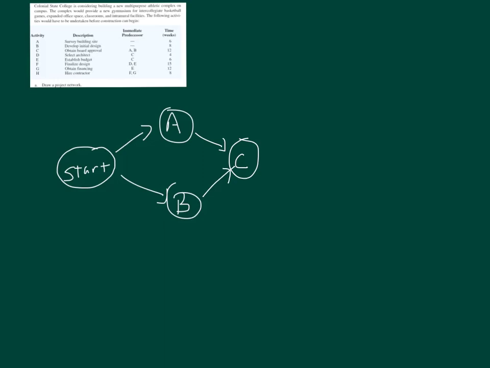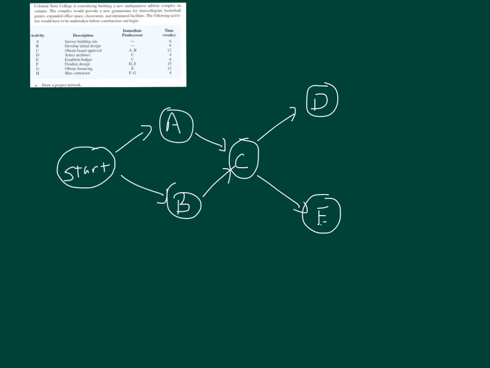After C is done, it looks like I can start both D and E. I see that from these immediate predecessors. So then I'm going to go ahead and branch out D and E.